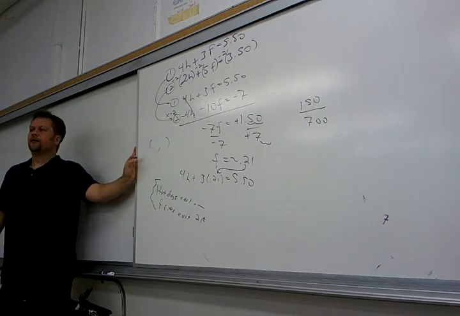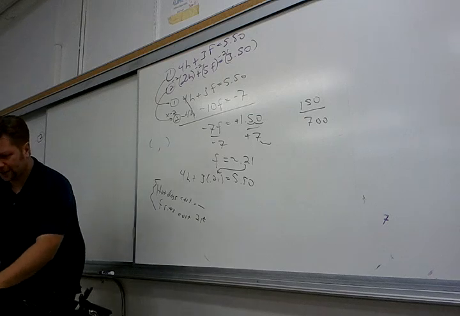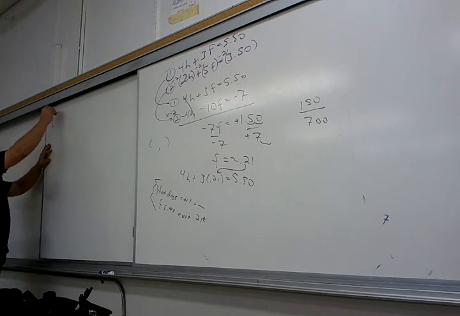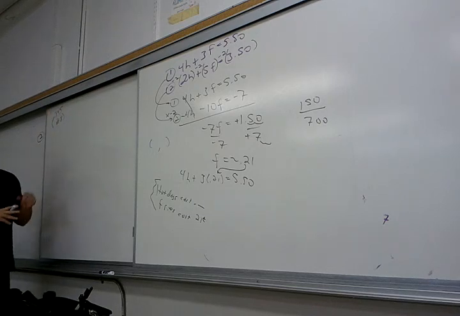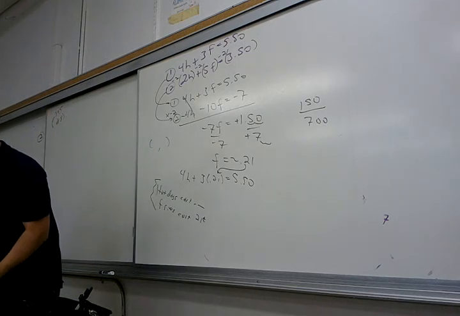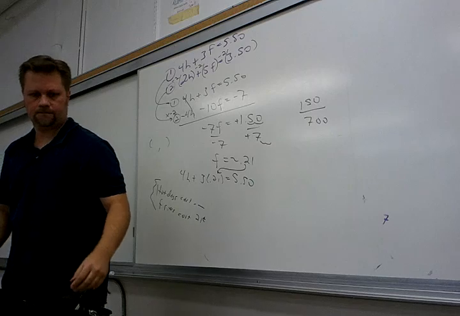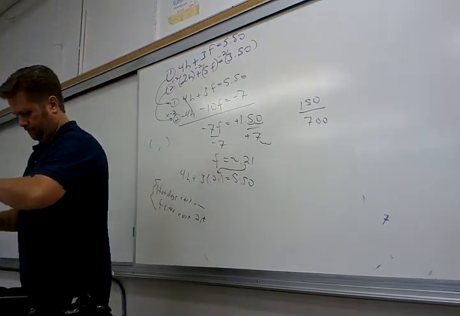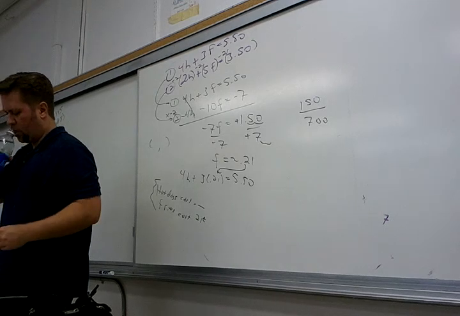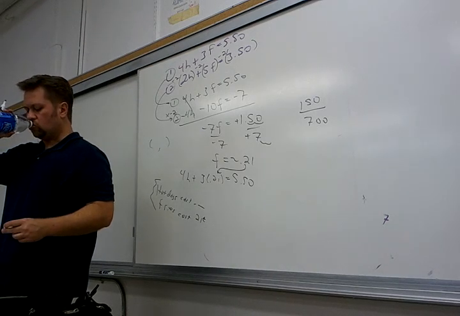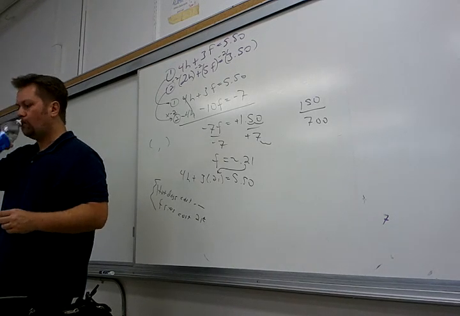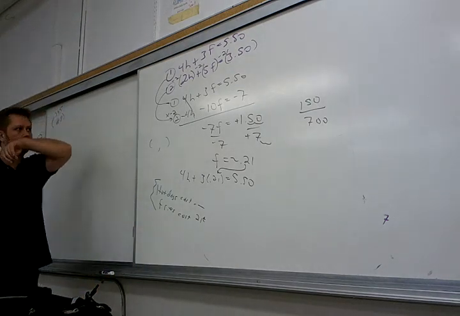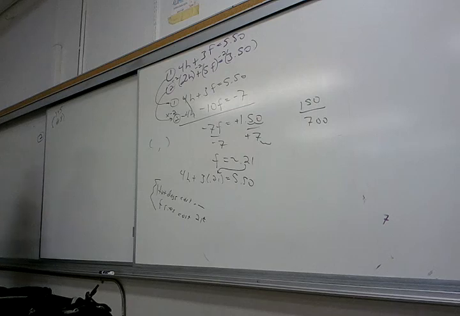Okay, all right. What about this problem here? Look at number 8, page 345. So read through that. Oh god, I hate these. Section 4. $2 for adults. So A is equal to 2, and C is equal to 1.